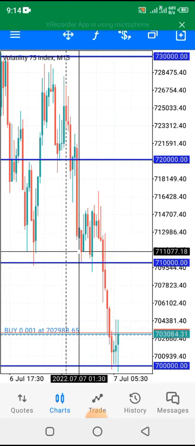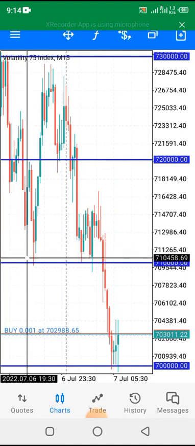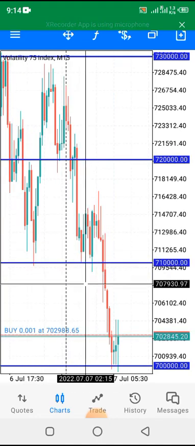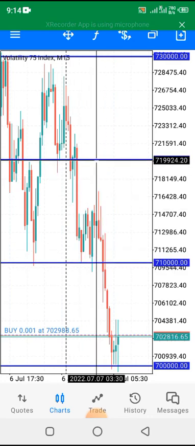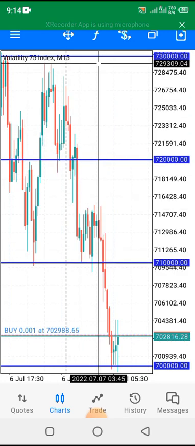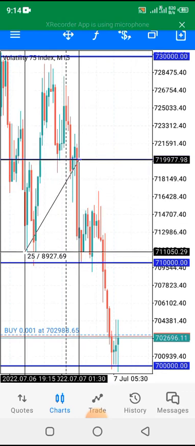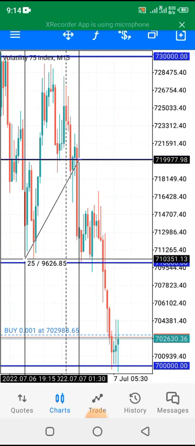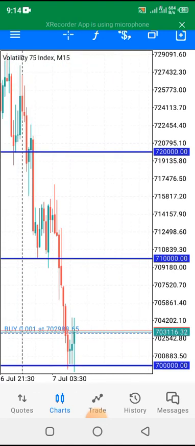You see the difference is 10,000, from 710,000 to 720,000 to 730,000. Plot these levels in your VIX-75 chart, with the difference at 10,000, guys. Just plot them.